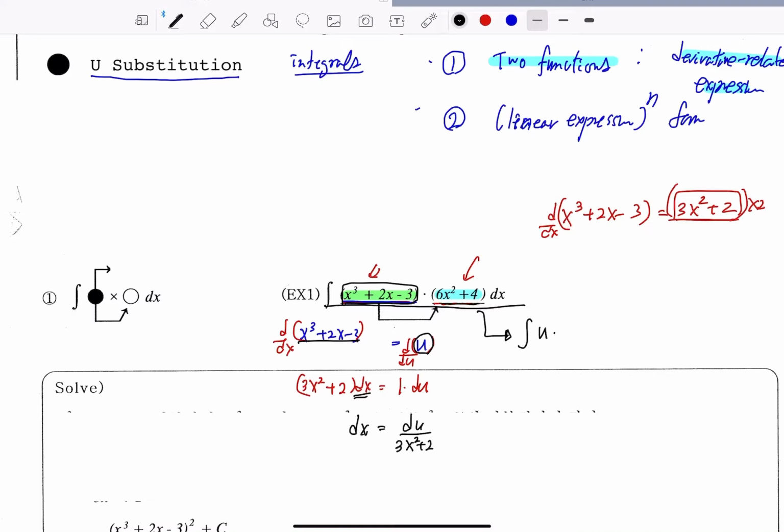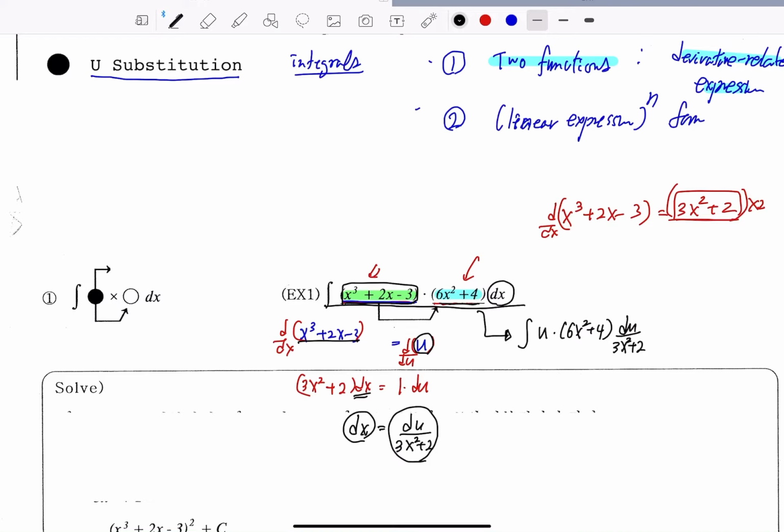But the second function, 6x squared plus 4, is not replaced. Just keep it. And for dx, you can replace dx with du over 3x squared plus 2.